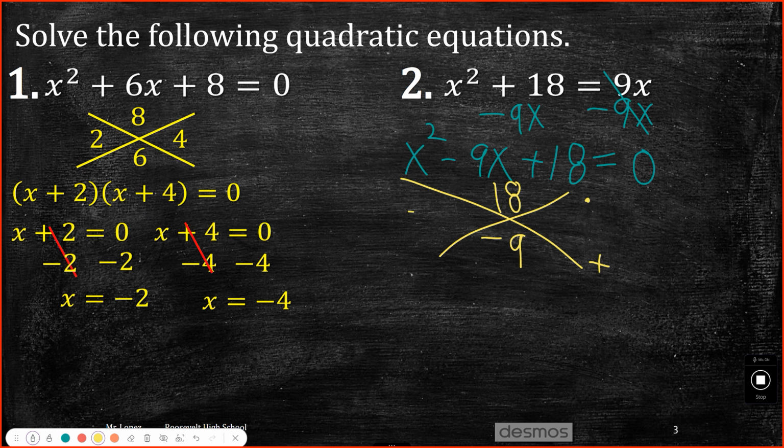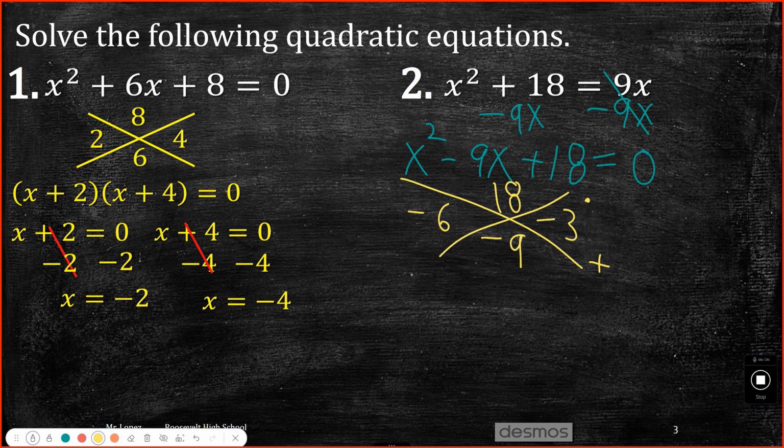Negative 6 and what else? Negative 3 also? Are they both negative? What's a negative times a negative? Positive. 6 and 3 is 18. What's negative 6 plus negative 3? Negative 9. Okay, so it works.